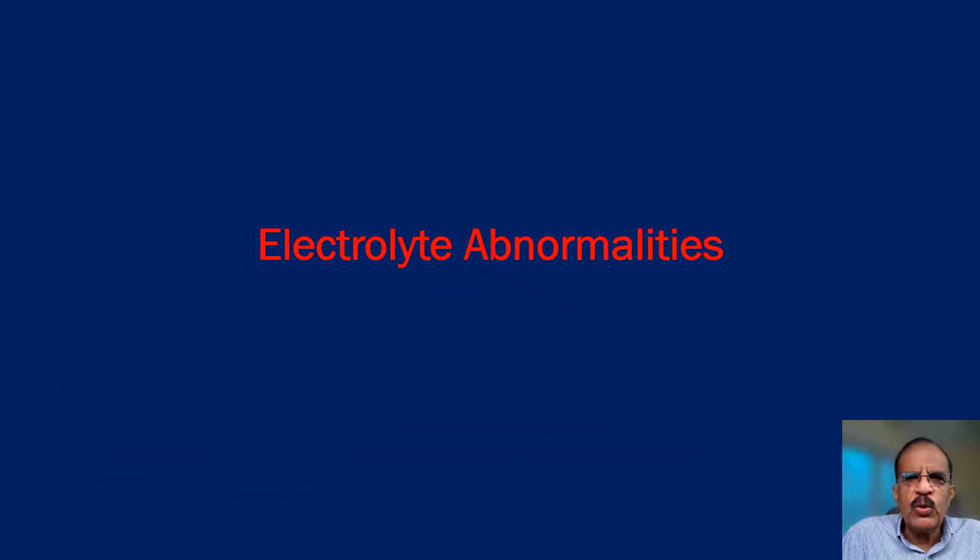Before I go into the details of ECG changes in various electrolyte abnormalities, I must say one thing, that you can easily miss these abnormalities if you are not actually anticipating them. So you need to know the clinical settings. And I must admit that it is easy to miss these findings unless you were already anticipating or expecting them.